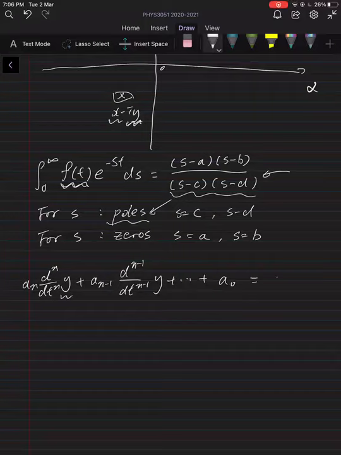Usually you just write it as some function of t, but more generally, it can also be written as a differential equation. So the x here is some external input, and the y here is the output of our system.